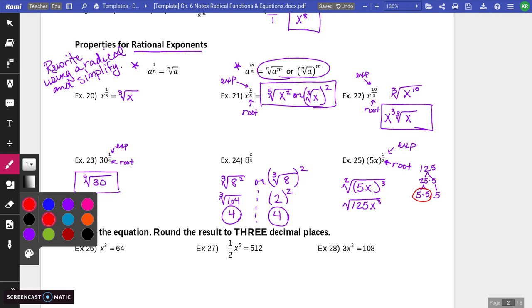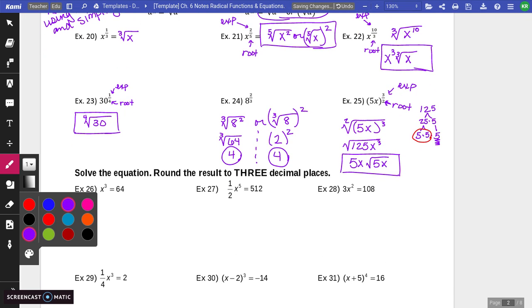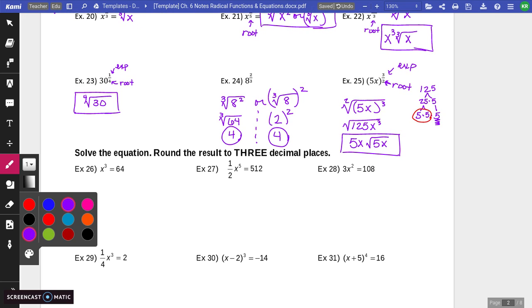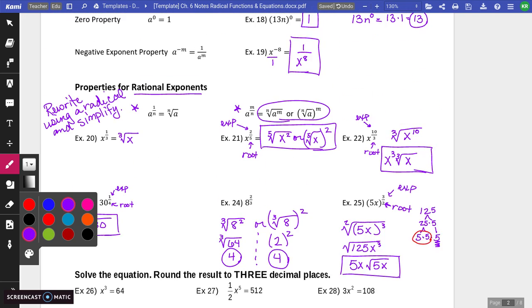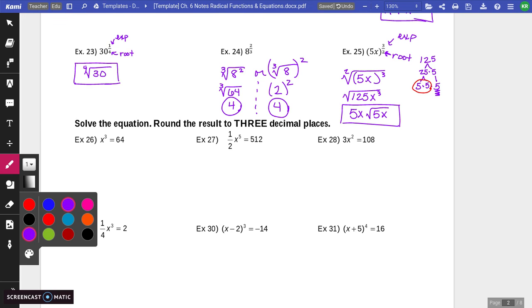So I have this pair of 5s that can come out front. And then since I have x cubed, that's 3 x's multiplied together, so I have enough to make a group of x's that will come out. But then there's 1 5 that's left over, and then 1 x that's left over. So there's that version. Okay, we are going to stop there for the moment.